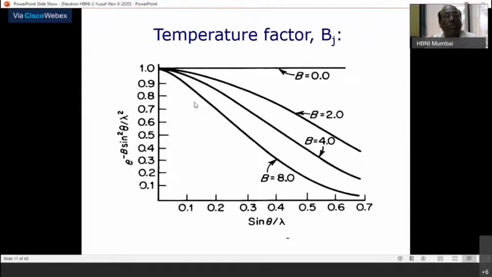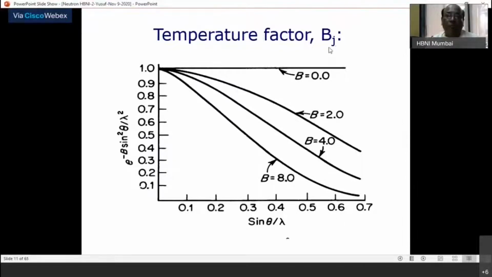I also talked about another factor which is known as the temperature factor, that is essentially the Debye-Waller factor, that is essentially due to the deviation of atomic position from its mean position. So root mean square displacement. That causes the Bragg intensity to go down as you go to higher 2 theta.